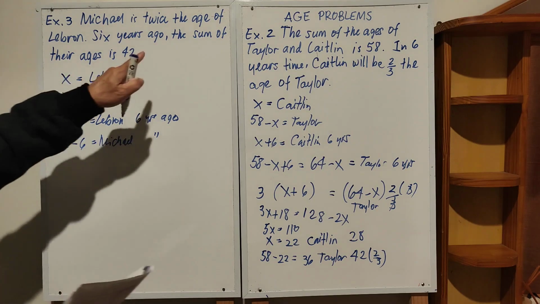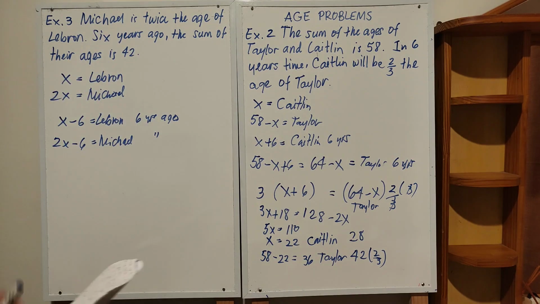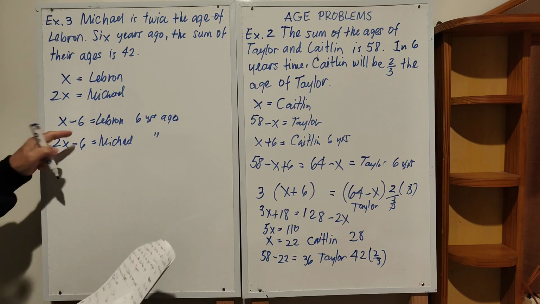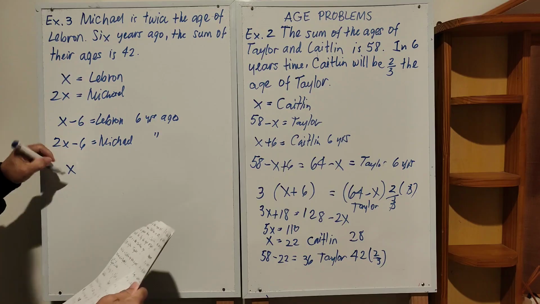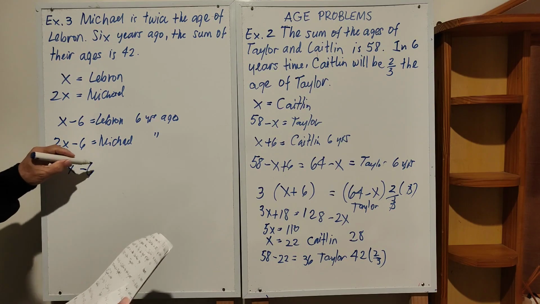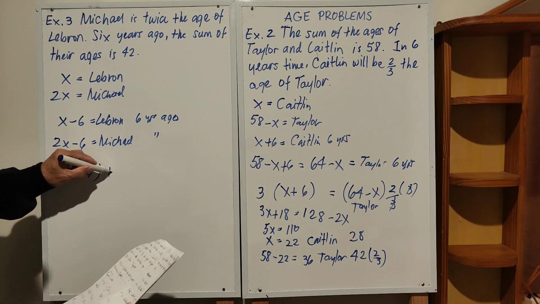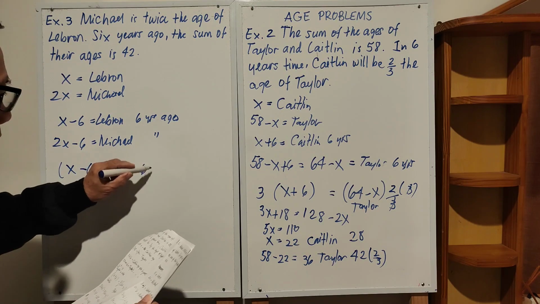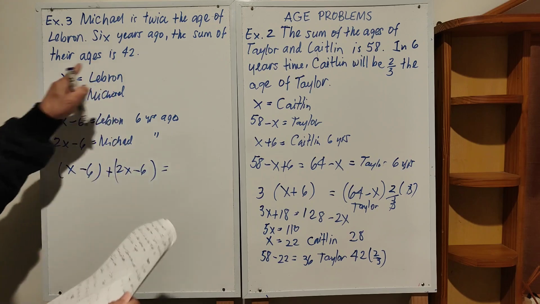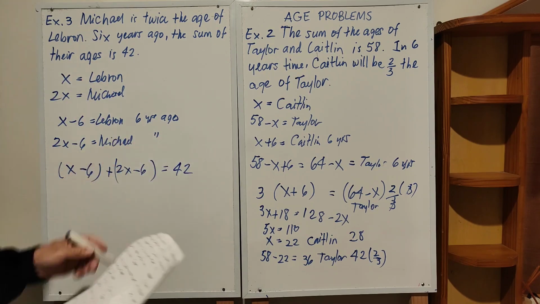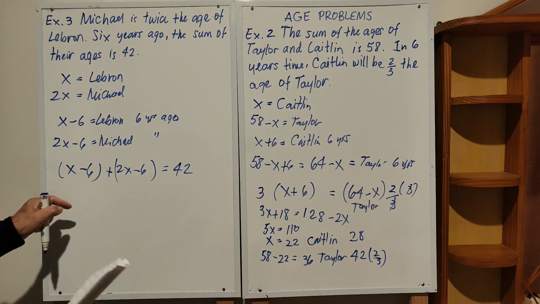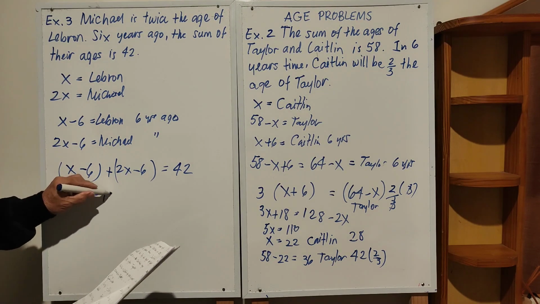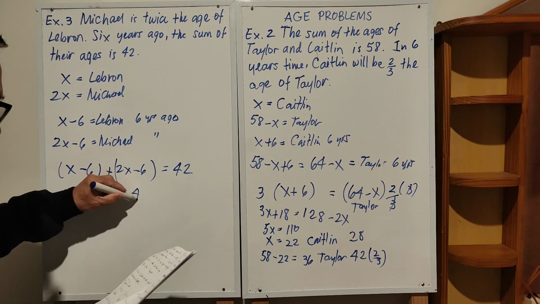It says that the sum of their ages is 42. So we just add them: x minus 6 plus 2x minus 6 is equal to 42. Combining like terms, we have 3x minus 12 is equal to 42.